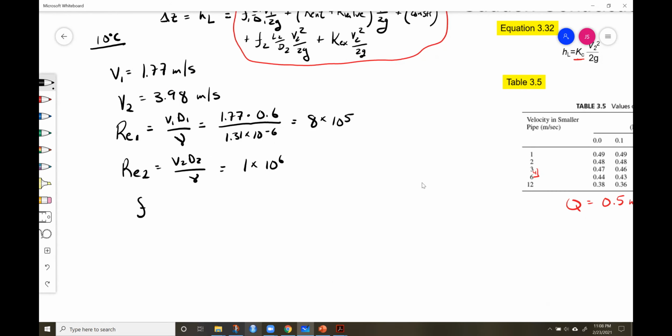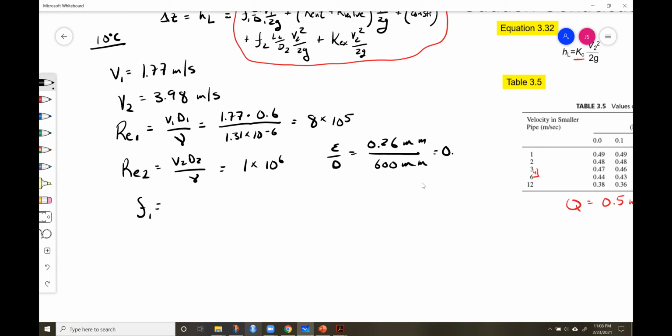Or you can do Swamee-Jain, and you can end up with, based on, can't forget e over D. So they gave us a cast iron pipe, so that is 0.26 millimeters. And we'll divide that by our diameter in millimeters, which is 600 millimeters or 0.6 meters.